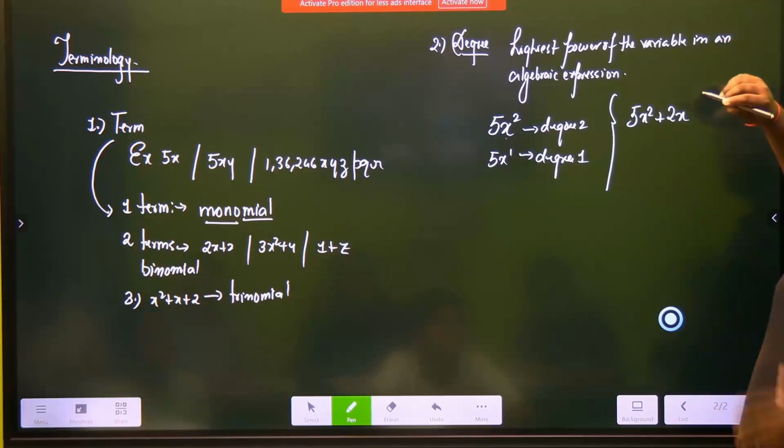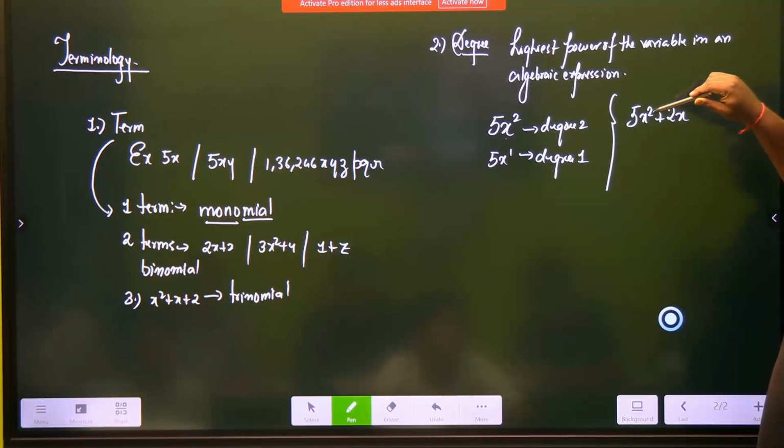Right now, whatever I'm saying, we are having only x here and x here. It's just an addition, not a multiplication. 5x square, what is the power? The power is 2. 2x, what is the power of x? 1. Which is the bigger power? 2 is the bigger power. So what is the degree of this expression? 2.